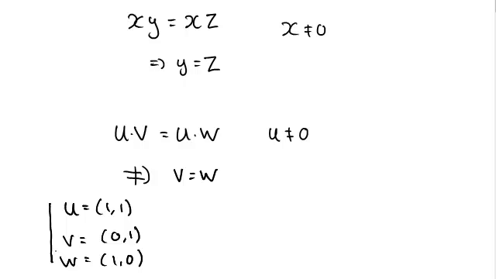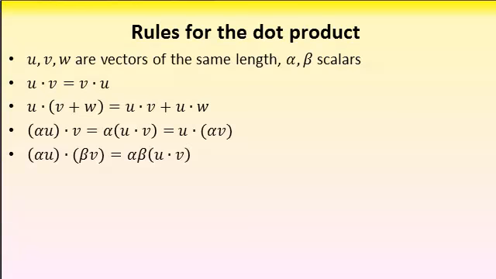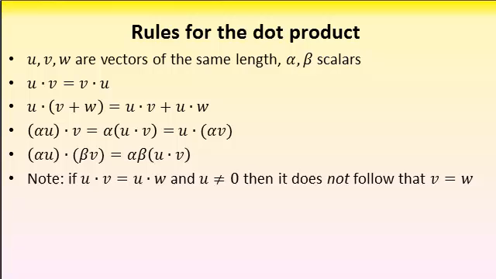Let's say I have these 3 vectors, then you can easily check that u dot v is equal to 1, u dot w is equal to 1, so we have this equality. But as you can see, v is not equal to w. The cancellation law doesn't hold for dot products. You can't just simply cancel the u on both sides and say that v must be w. So keep this in mind. If u dot v is equal to u dot w, you cannot conclude that v must be equal to w.